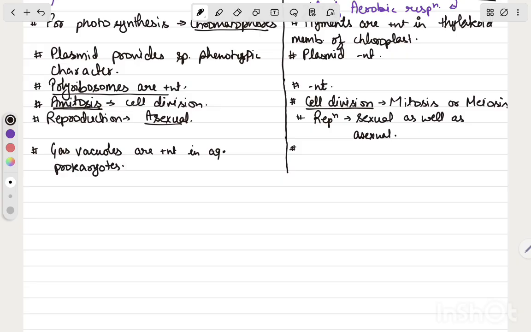Instead of gas vacuole, plant cell have true vacuole. That true vacuole is sap vacuole. These are the basic differences between prokaryotic cell and eukaryotic cell.